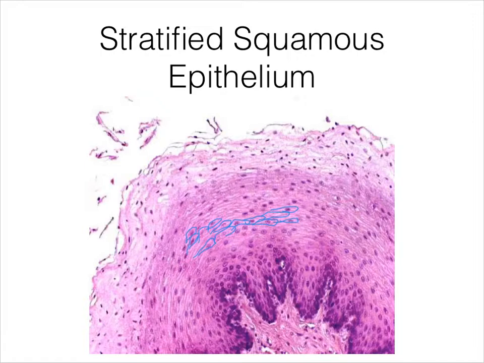You can tell that this is actually living stratified squamous epithelium as opposed to dead keratinized squamous epithelium, because even here at the top, this area that's facing the lumen, these cells are not hollow, and most of them still have their nuclei inside. That would tend to indicate that they're living cells, not dead keratinized cells.